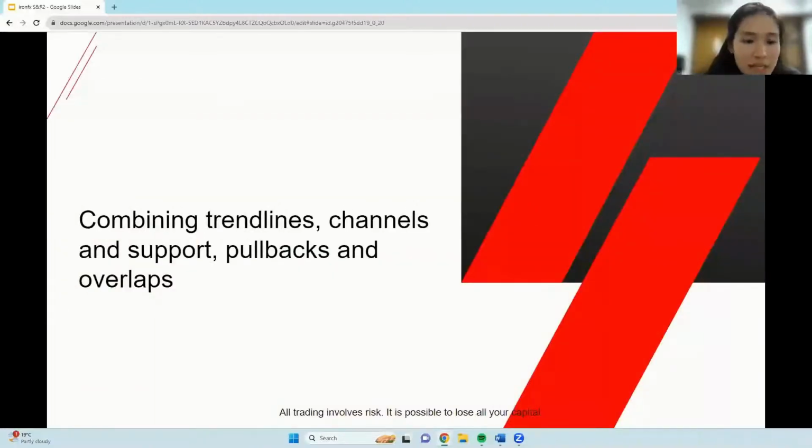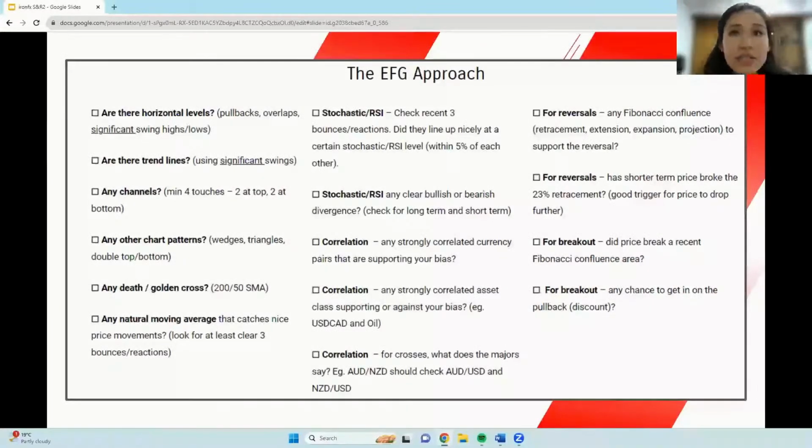Okay, now let's combine trend lines, trend channels, support lines, pullbacks, and overlaps. Here is just a checklist, so you can screenshot it if you want. I'm just going to get rid of my face. When I was starting out with technical analysis, this checklist was really helpful for me.